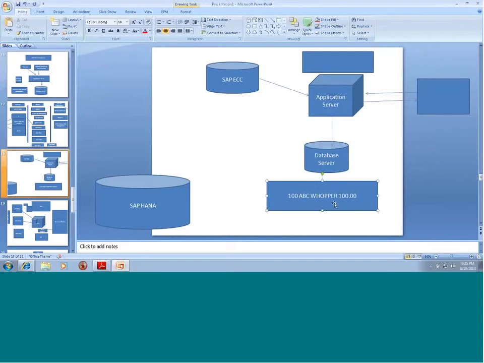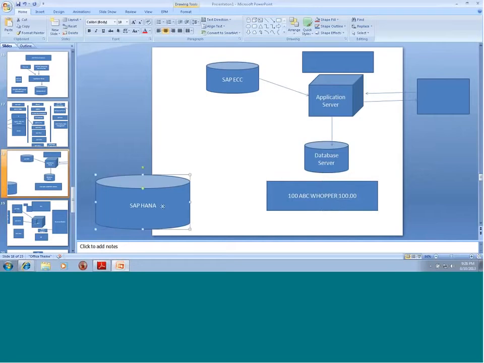So this is one record. 100 is the customer number, ABC is the customer name, product is Whopper, amount is $100. Data in a database server is stored normally on a record basis. So when a query is run, the system has to go through each record, identify the data, combine it together and provide the information back to the query.